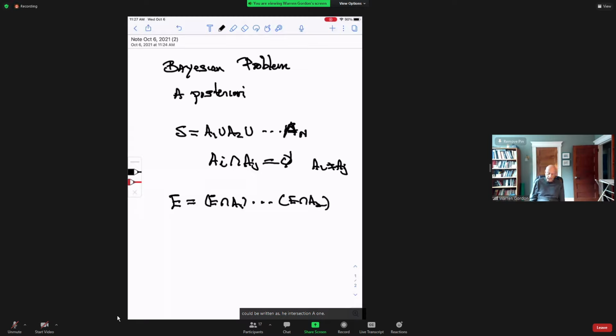Some of these could be empty, and the probability of E is equal to the sum of the probabilities, because they're all disjoint. These are unions, okay?